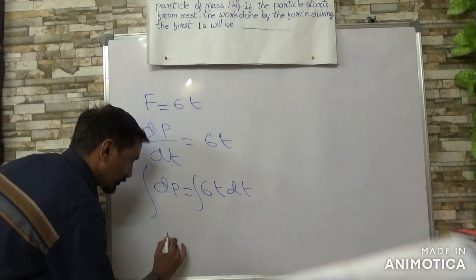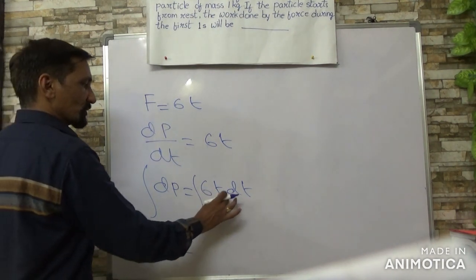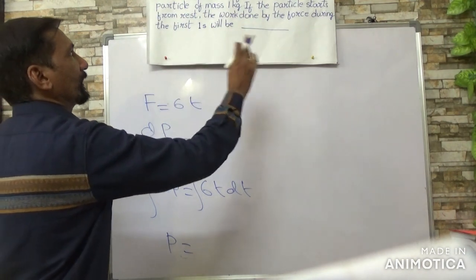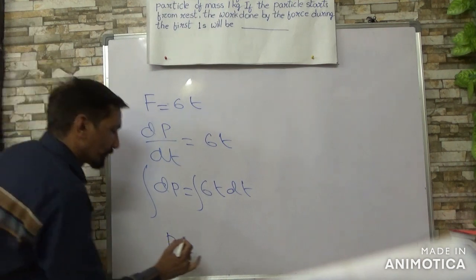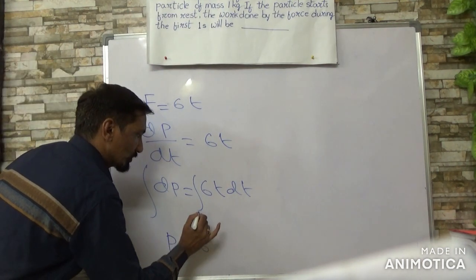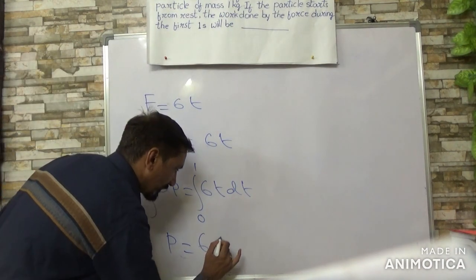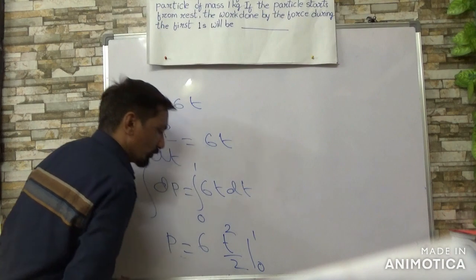Then change of momentum is equal to integral 6t dt. You want to find the work done from 0 to 1 second, so limits are 0 to 1. So integral t is t square by 2, limits 0 to 1.